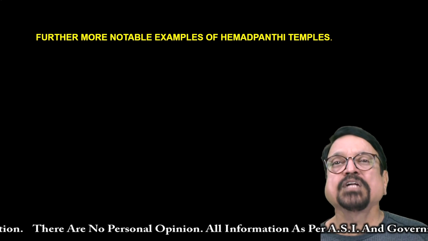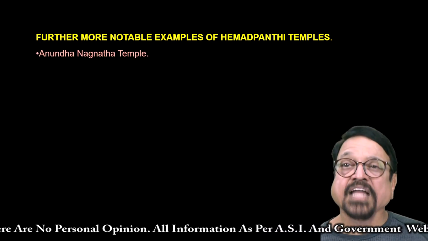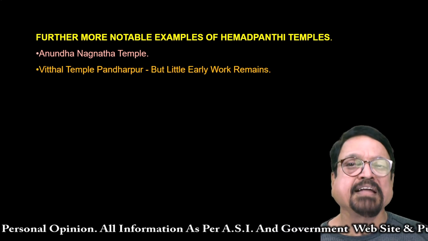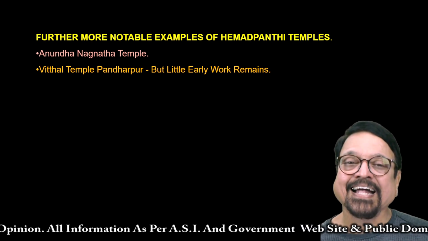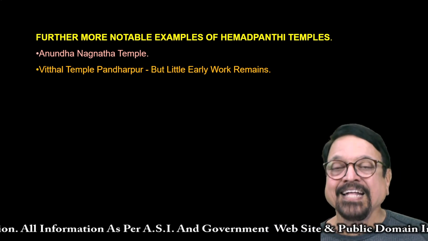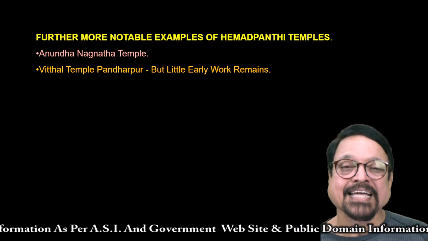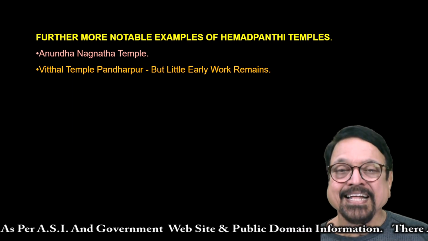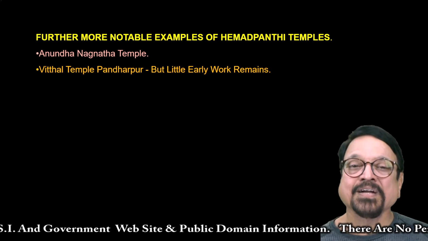Now furthermore, notable examples of Hemadpanthi temples are Aundha Nagnath temple, then Vithala temple, Pandharpur, very famous. The idol of Vithala has come from Hampi, so it is very special that the temple is in Maharashtra, the idol is in Maharashtra, and the temple constructed in Hampi does not have a deity.